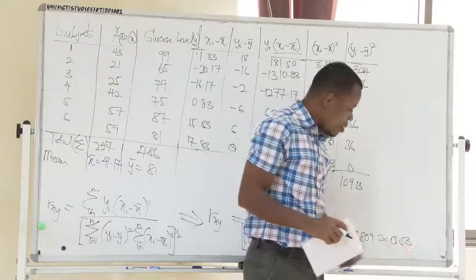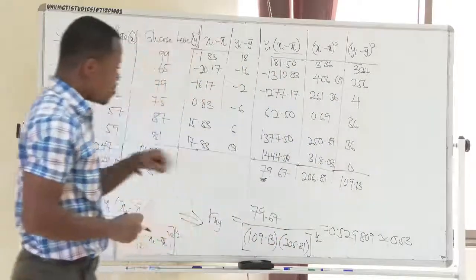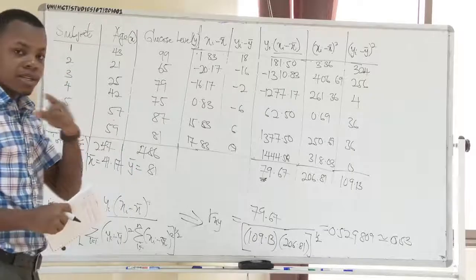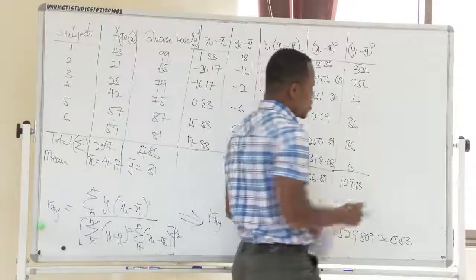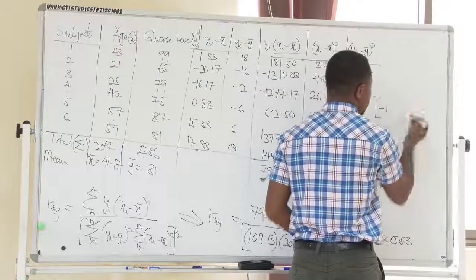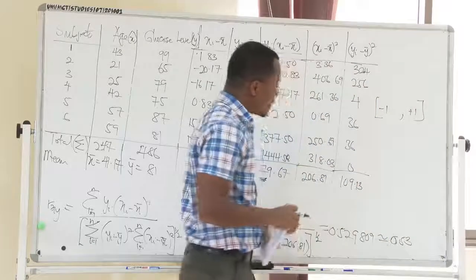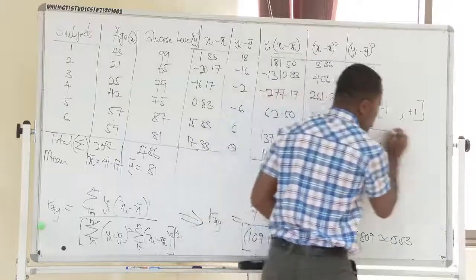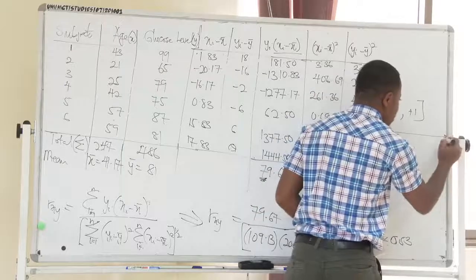And remember how you get to decide what a correlation coefficient like this means. Now remember that the range is from negative 1 to positive 1. Let's draw this as a number line. So we have negative 1 at this point, and we have positive 1.